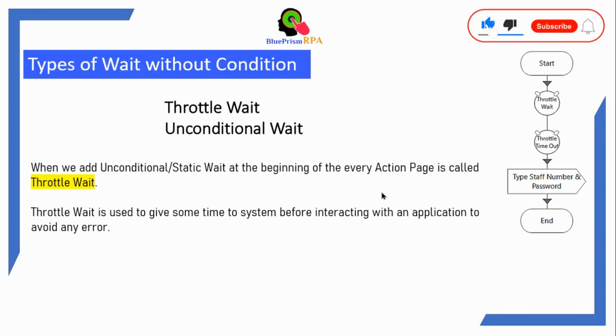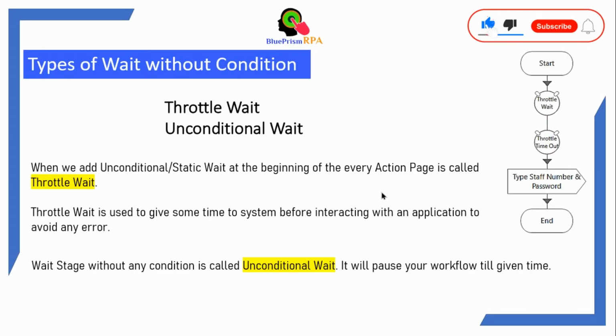If you face a scenario where you have to first give some time to your bot, like 2 seconds, 3 seconds, and then you want to launch that application or that browser, you can use that throttle wait there. Wait stage without any condition is called unconditional wait, and it will pause your workflow till the given time. If we say 5 minutes, your bot will always wait for 5 minutes in that scenario.